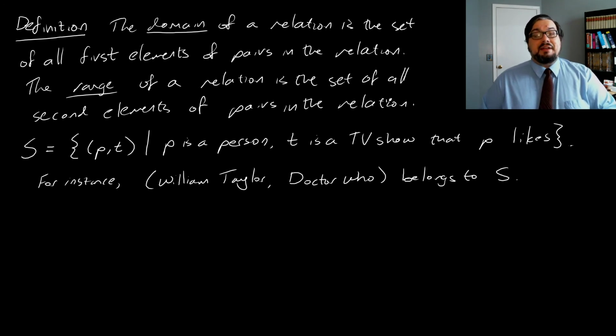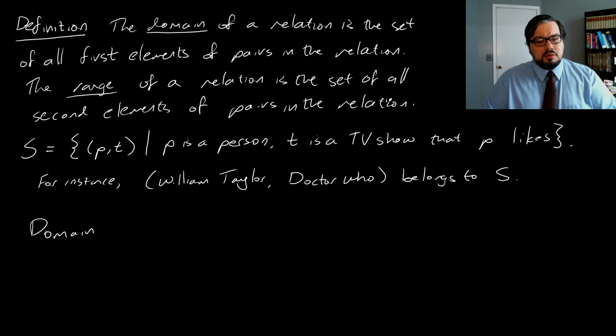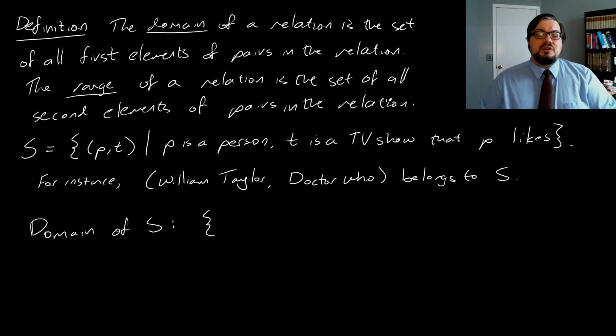So this S here is going to be very, very large, because there are lots of people and there are lots of television shows and lots of ways of matching up a person with a television show that they like. So let's think precisely about what the domain and the range of this relation S are. So the domain of S is going to be a set of people.